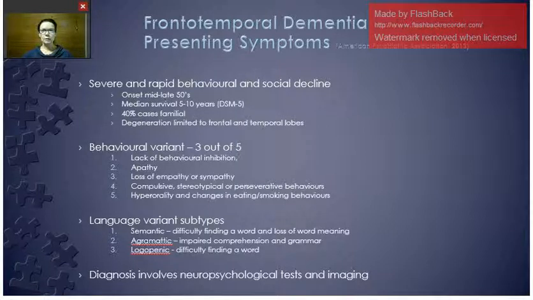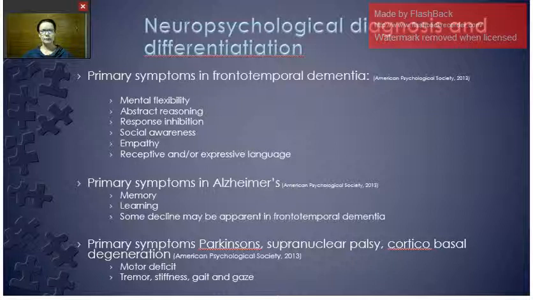Diagnosis will involve a series of neuropsychological tests and imaging analysis. So the pattern of results across neuropsychological tests would be lower performance in tests of inhibition, flexibility and social skills. We may see some impairment in memory and learning, but these won't be the primary symptoms.